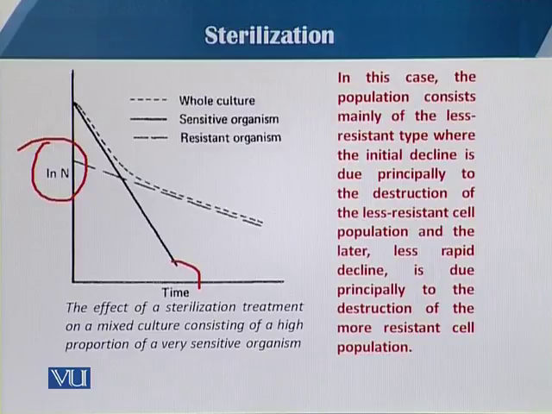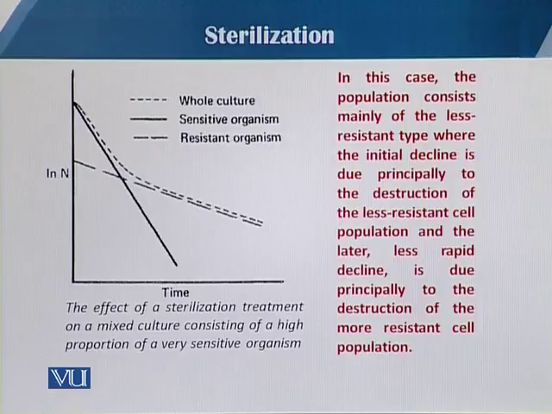As concerned the sensitive organism, the effect of the heat is very strong, but on the resistant organism, the effect of heat is less as compared to the sensitive one. These are cases only when we are dealing with heat sterilization or moist heat sterilization.